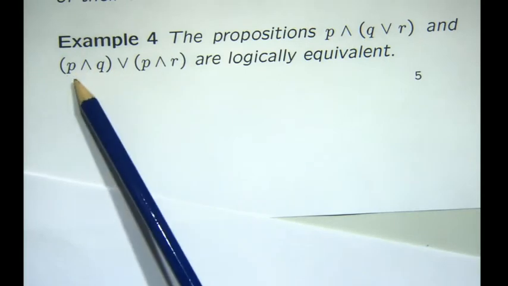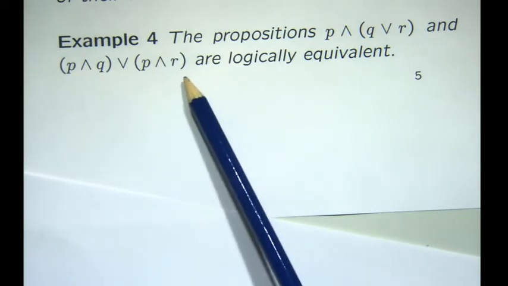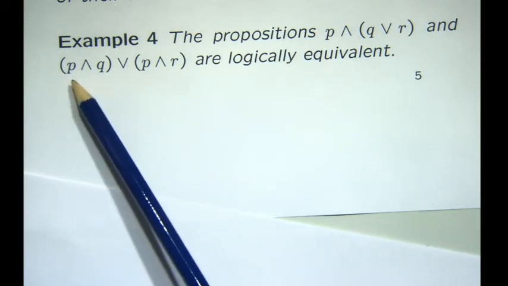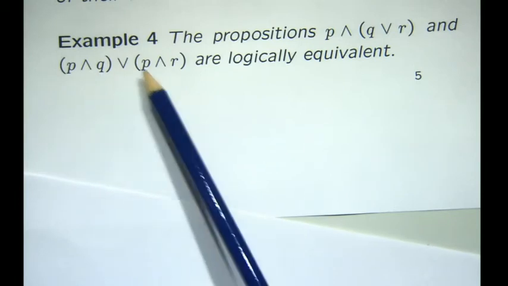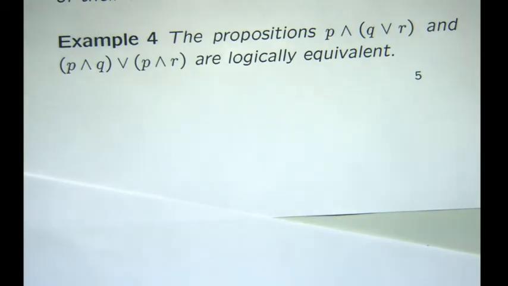Here's a different looking formula. Clearly it's different. It's got a different bunch of squiggles in it, right? This one says, I'm solving maths problems and it's Tuesday, or I'm solving maths problems and it's Thursday. They are logically equivalent, as you can check out. Look at all 8 cases.